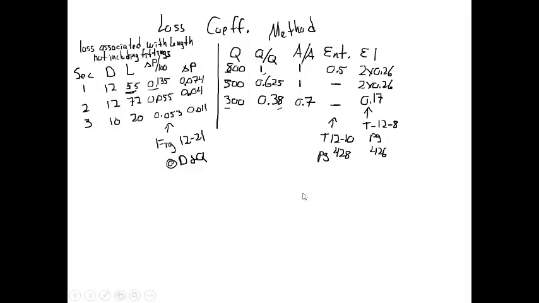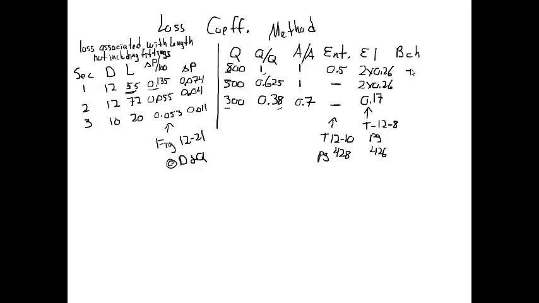Okay, and then finally the last section, which is the branch. We have no branch for section 1, but section 1 diverges into section 2 and section 3.